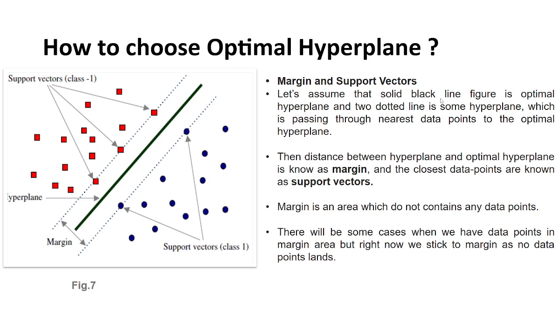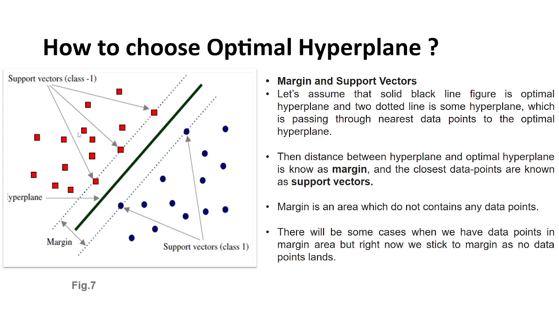Let's assume that the solid black line in the figure is the optimal hyperplane, and the two dotted lines are hyperplanes passing through the nearest data points to the optimal hyperplane. The distance between these hyperplanes and the optimal hyperplane is known as the margin.